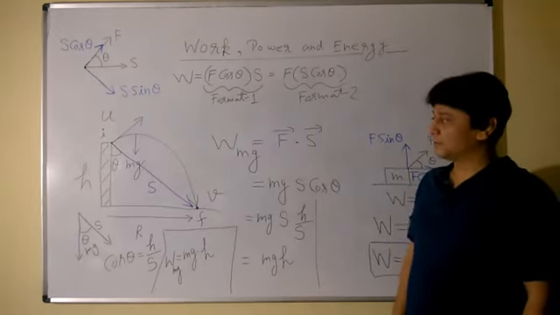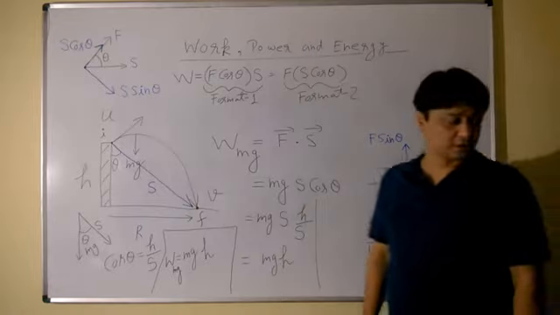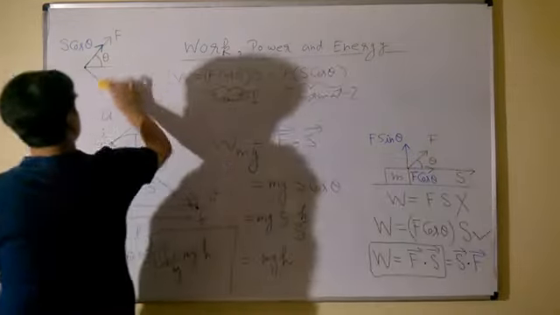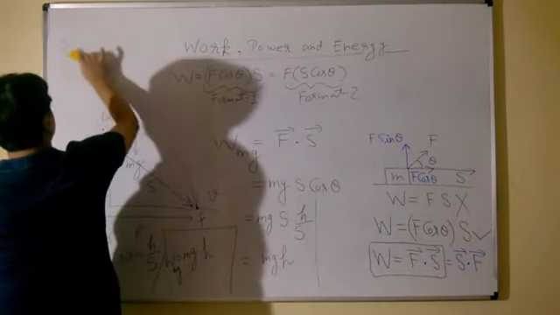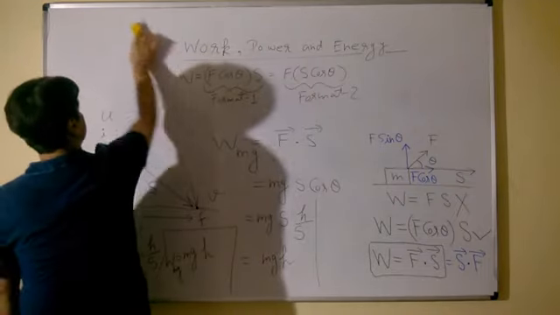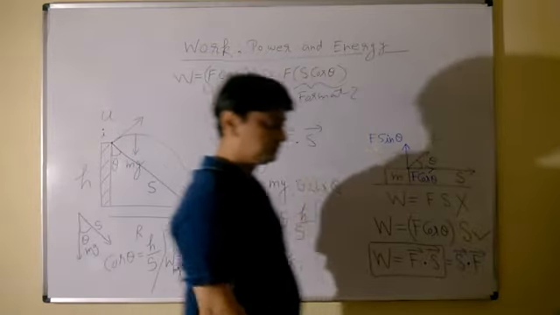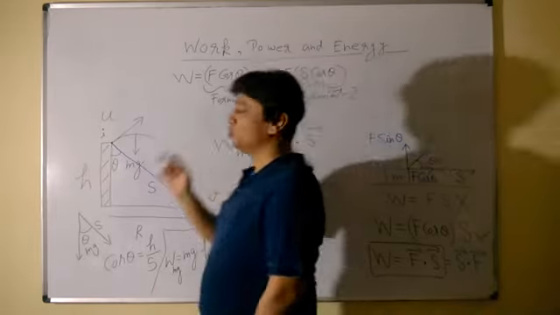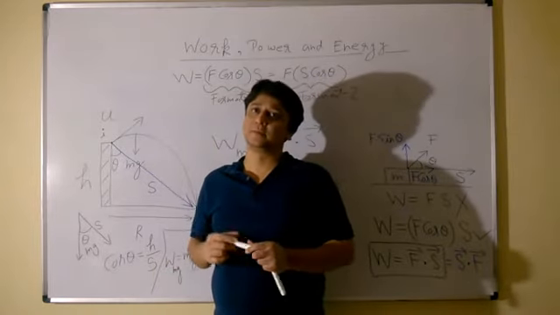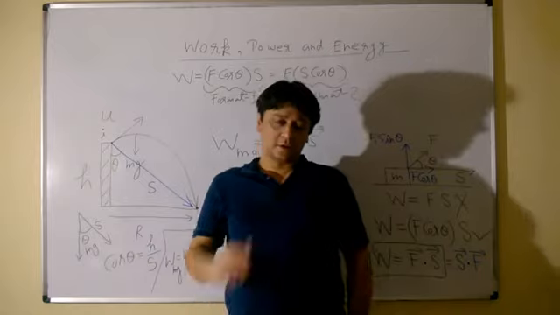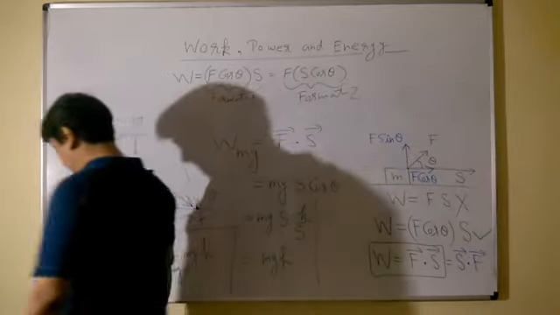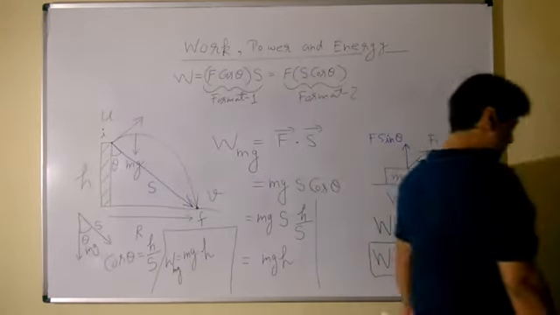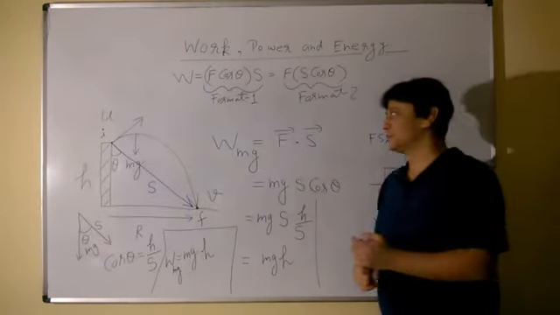Now, let's go for a third method. Third method for finding work is using I cap and J cap. I will give you 1 minute's time. Let's see how many of you can proceed after this hint.